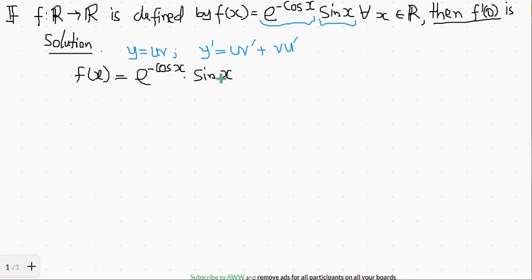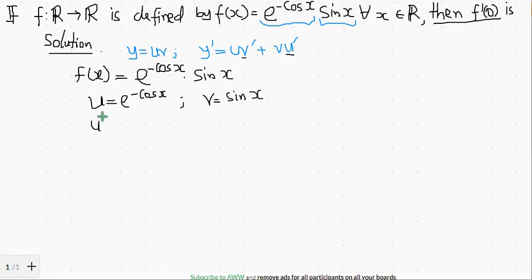In this case, I'll take u as the first function, exponential minus cos x, and represent v as sine x. Next, the rule states that we are meant to differentiate u and also differentiate v, then substitute the derivatives and the initial functions back into the formula.